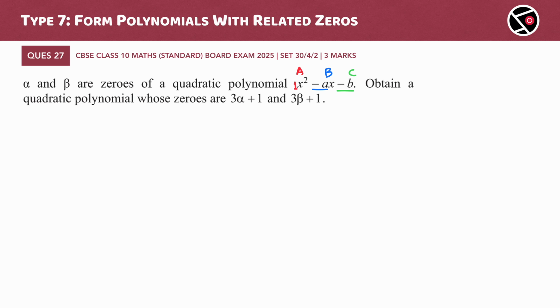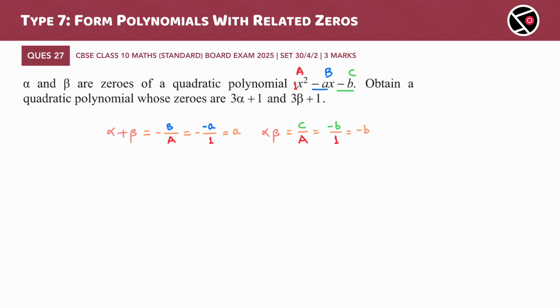The easiest way to avoid mistakes is to use uppercase coefficients for the general form of the polynomial. Now alpha plus beta is minus B over A, minus of minus a over 1, or a. Alpha beta is C over A, or minus b over 1, which is minus b.